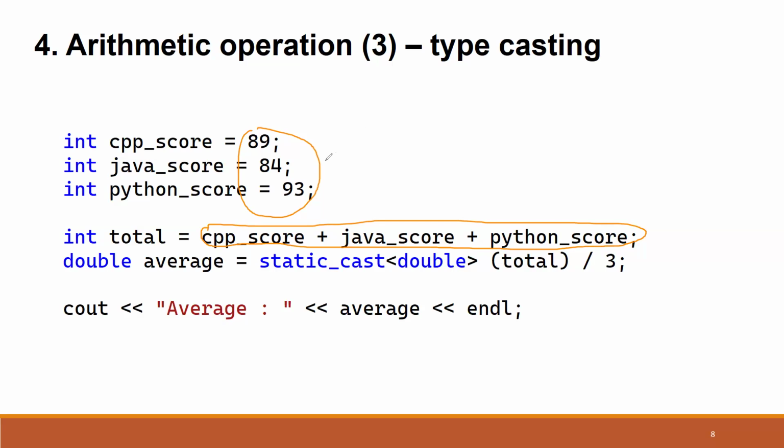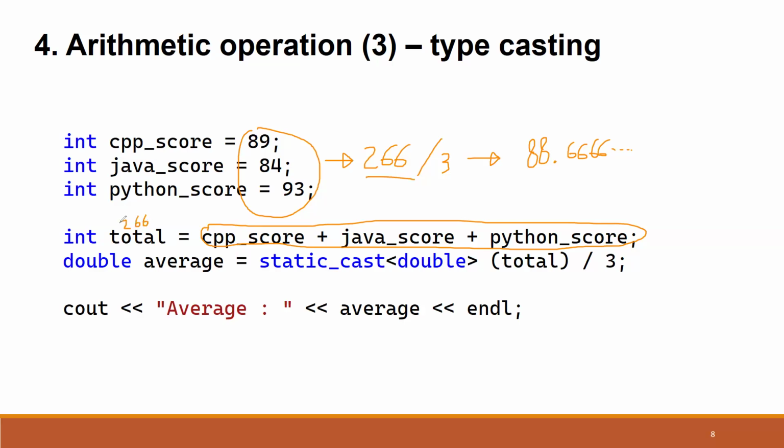If you add all 3 numbers, it is 266. And if you divide by 3, then it is 88.6666, something like that. So the total is 266.